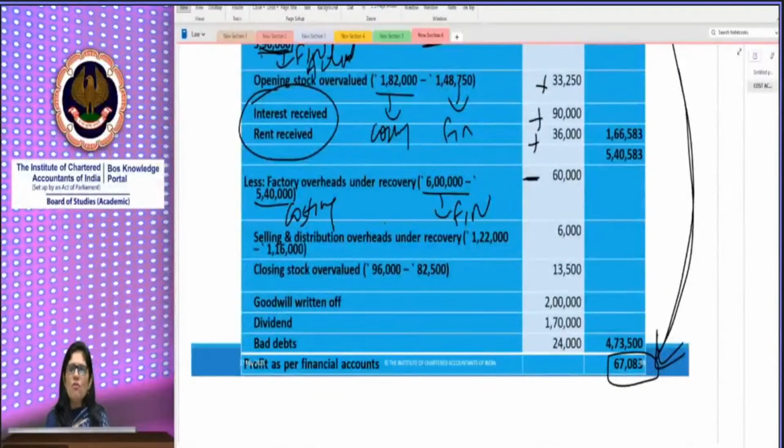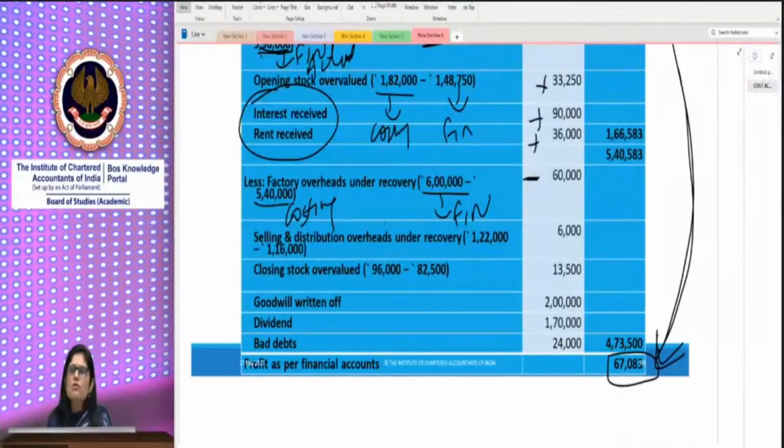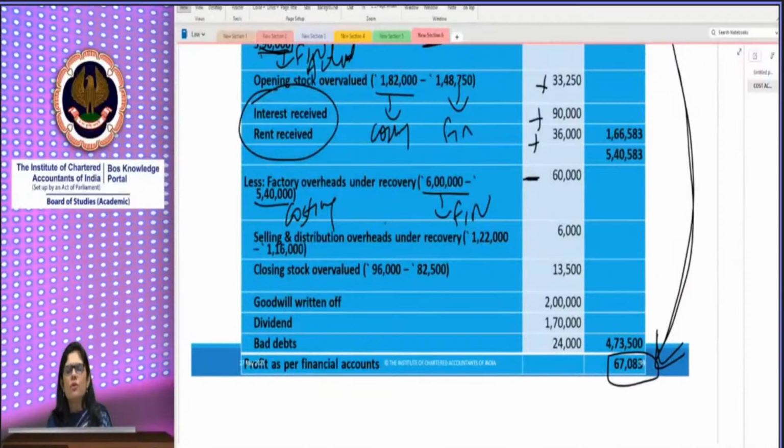Your factory overhead should be 6 lakh charged to costing, but in costing, you have charged 5,40,000. You have charged less, under absorption. So you have to charge it more, and if you charge more, your profit has to reduce. That's why you are reducing your profit. Reduce 60,000 from your costing profit because you have charged less.